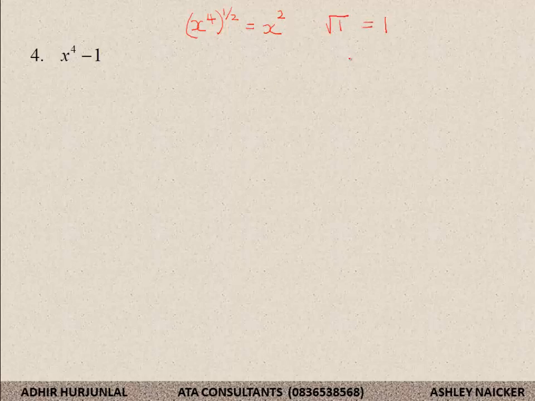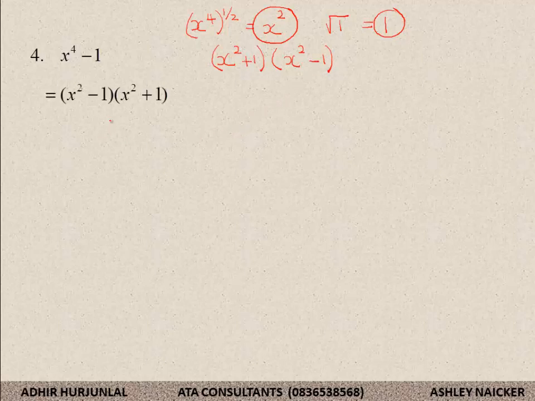The square root of 1 is equal to 1, which means I use x squared and I use 1, which is in my bracket. Now, guys, to cut a long story short, it's x squared, 1, and I repeat it, x squared with 1. The sign I put here is a positive, the sign here I put is a negative, and that's exactly what I have here. Slightly inverted, but not a problem.